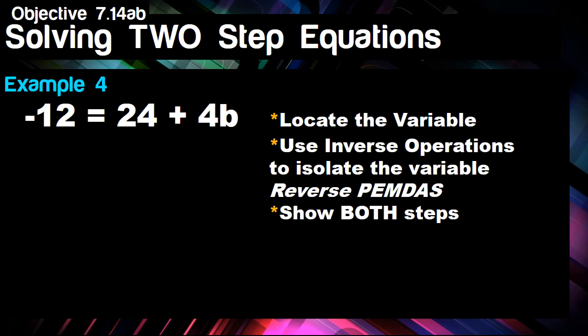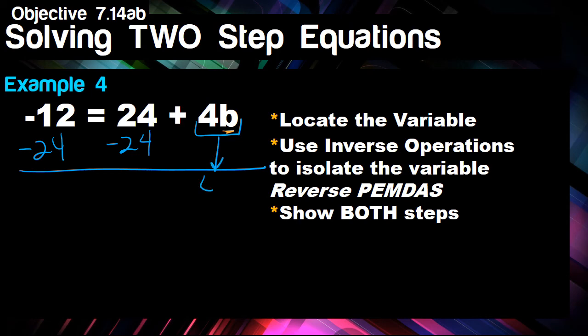So we're going to identify our variable. Our variable is b. So the inverse operations are going to come from the right-hand side of our equation here. Our first step is we're going to subtract 24 from both sides of our equation. So we're going to bring this whole thing down, 4b. We bring down our equal sign.